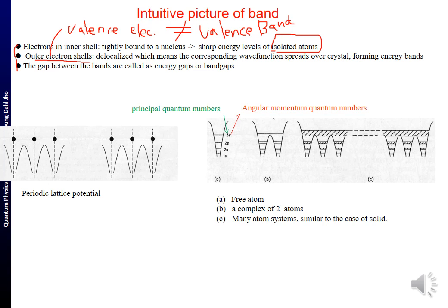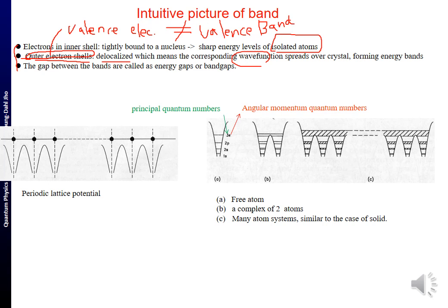Delocalized means the corresponding wave function spreads over the crystal, forming energy bands. So electrons in the outer orbit can be delocalized, meaning the wave function is not simply localized near an ion.